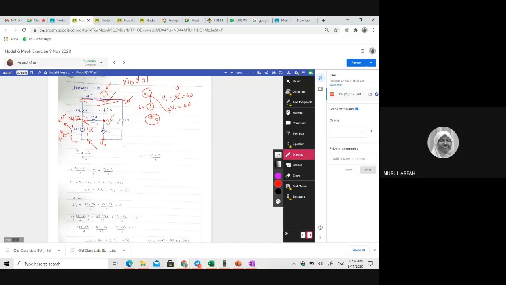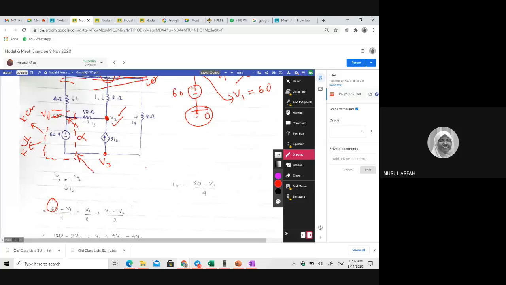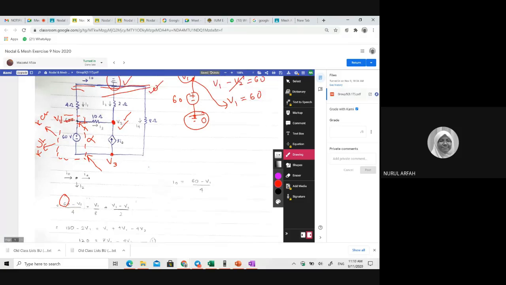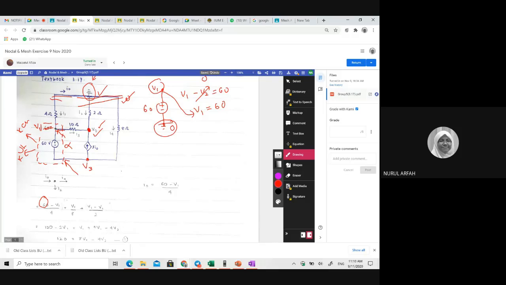60 minus 60. This one cannot be 60 because this is V1, right? Where is your V1? I'm getting dizzy. In your answer script here, you don't have any V1. Suddenly there is V1 here. Okay. So I'm confused, this is also wrong. Right?